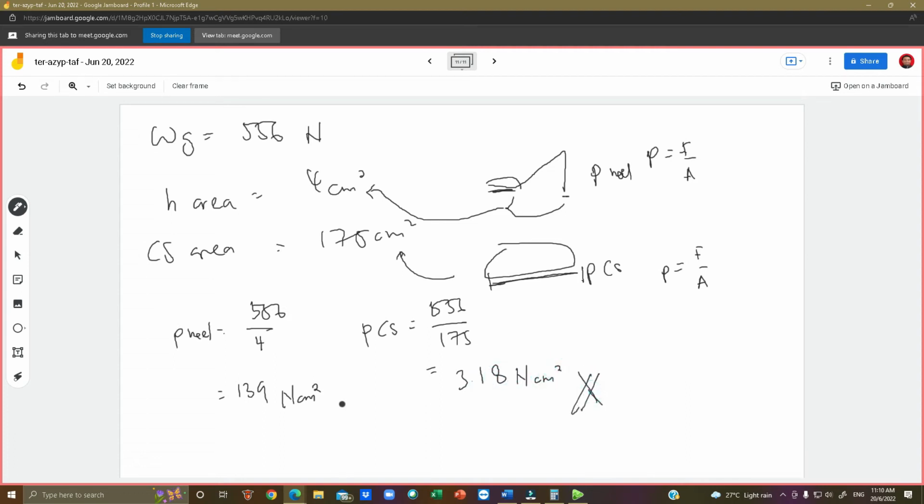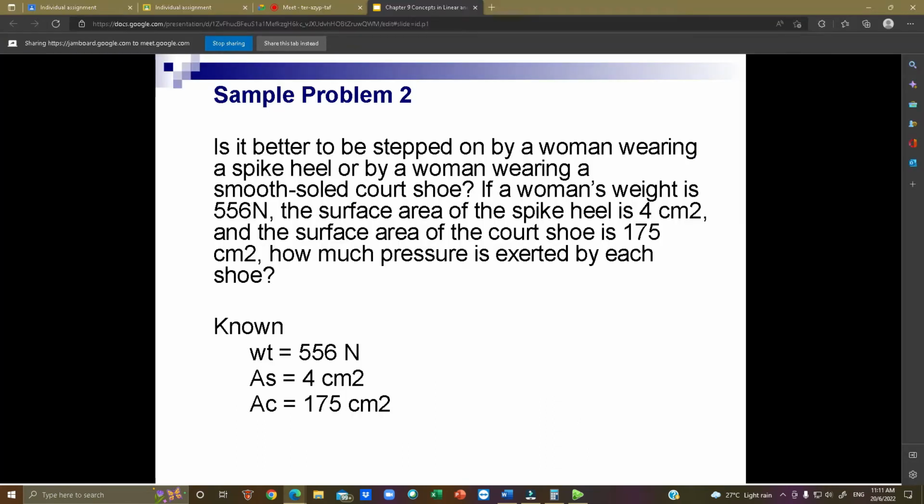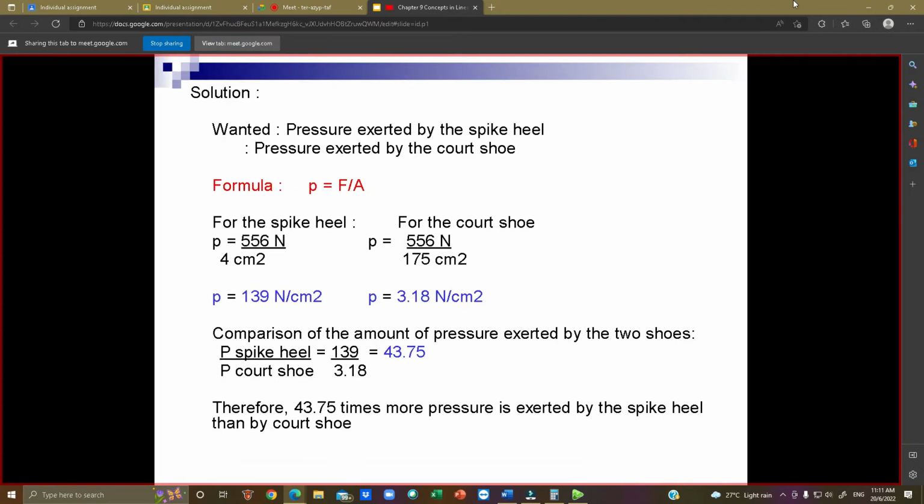Nak kena pijak dengan kasut sukan ke nak kena pijak dengan heel? So you choose by your own. So these are some use of pressure. Kita tengok contoh lain. Okay, ni pressure dia. Siapa yang rasa nak kena pijak dengan heel tu silakan. The pressure is 139 Newton per centimeter square of area, while for the court shoe is 3.18.